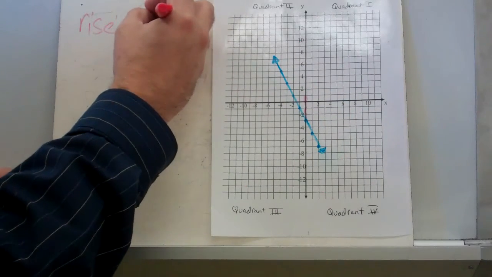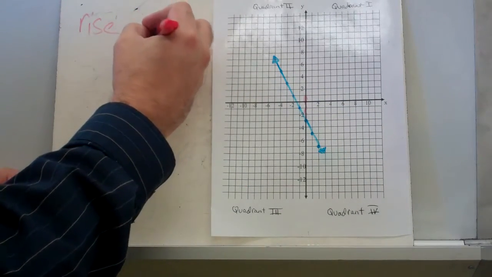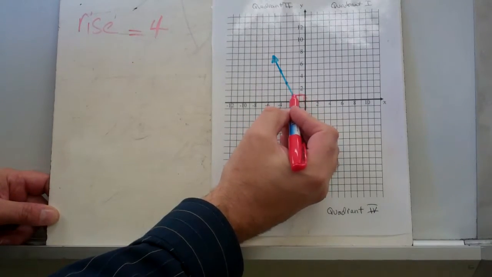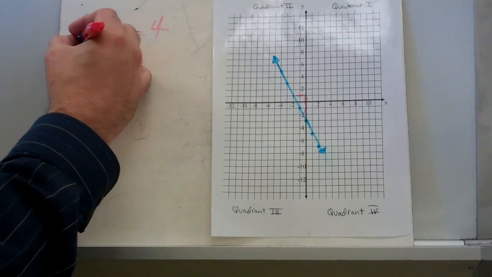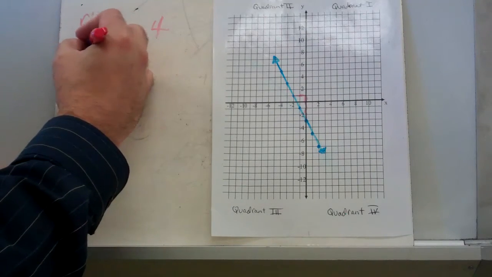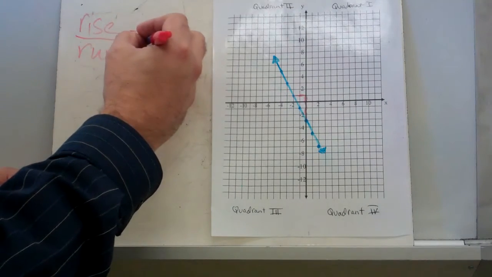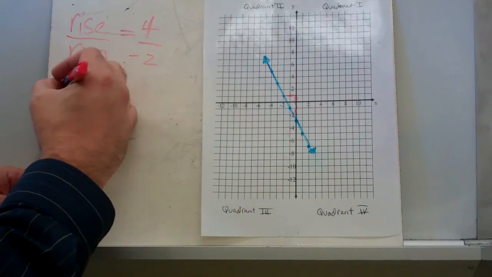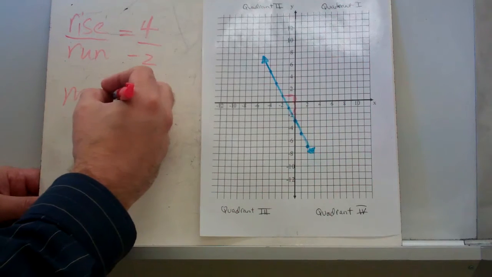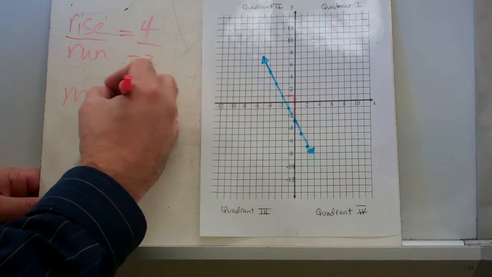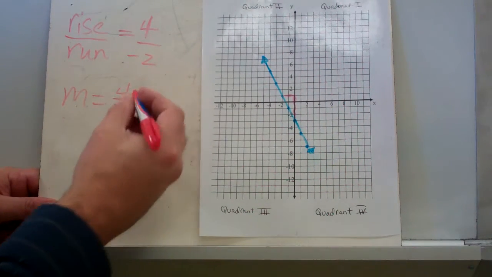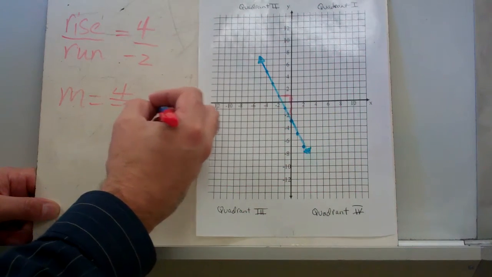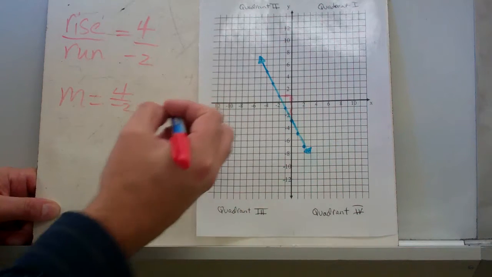So I'm going to rise 4, and then I'm going to run 1, 2. Okay. And again, that's a negative, so I'm going to do that. So my slope in this case is 4 over -2, or I can simplify that down to simply -2 if I'd like.